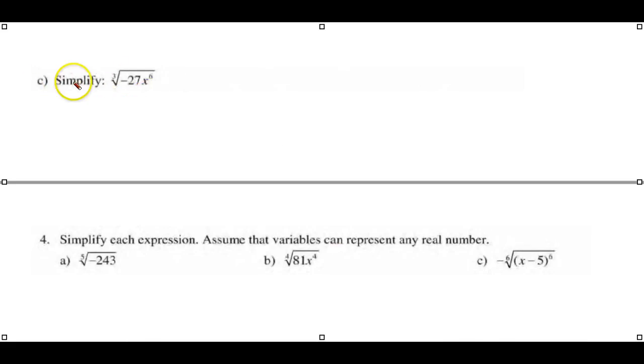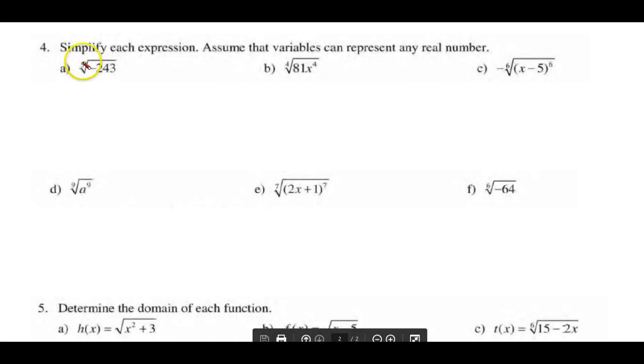So in letter C, the cube root of a -27 would be a -3, and then we're going to take the 3, the index number, put it under the exponent, 6 divided by 3, x to the second. Okay, we'll go on.